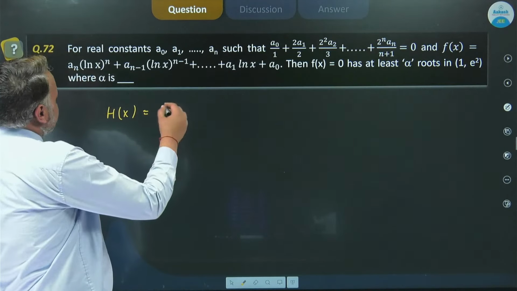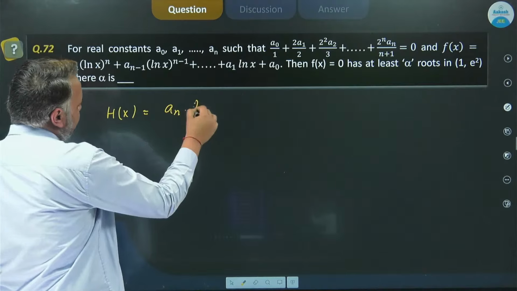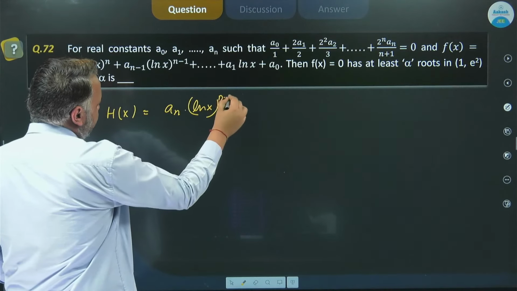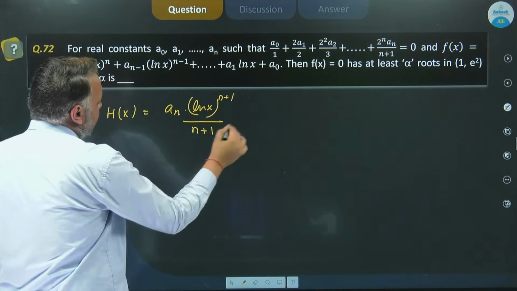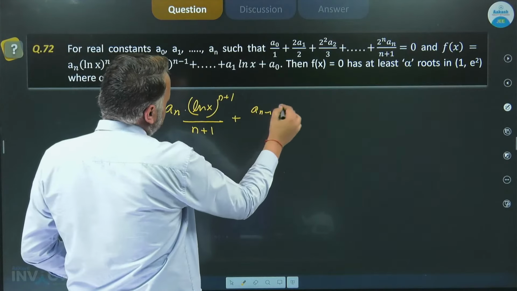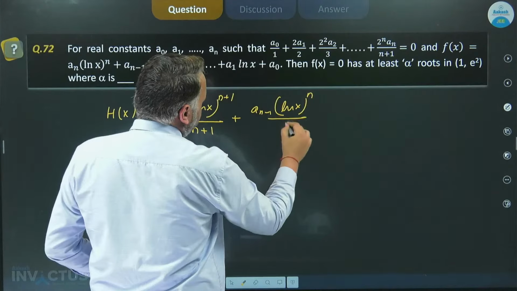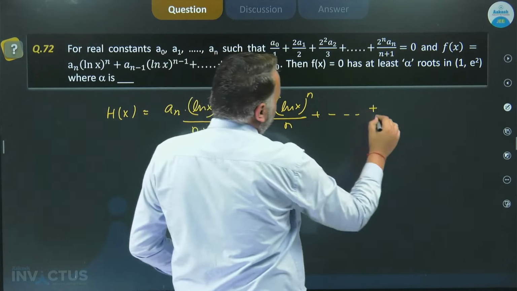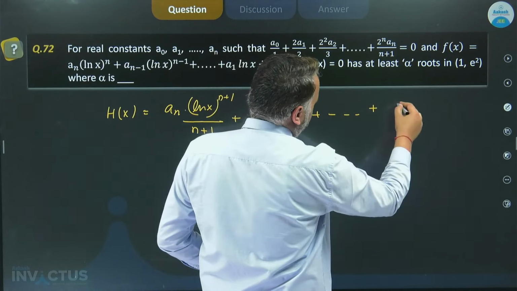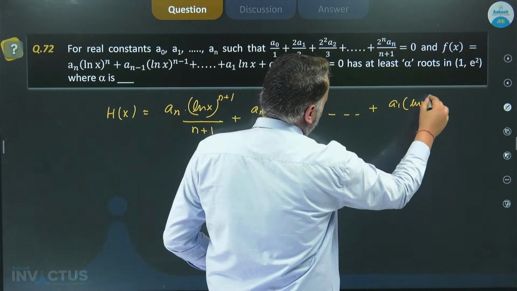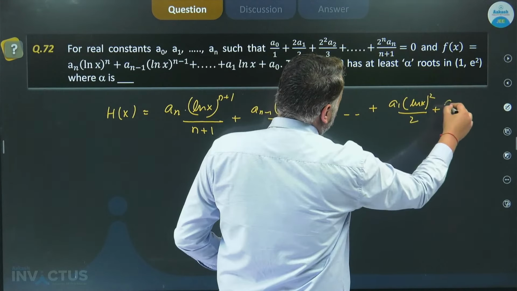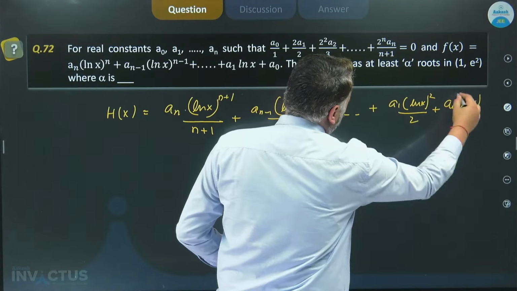So hx is assumed as an (ln x) whole power n plus 1 divided by n plus 1, plus a(n minus 1) (ln x) whole power n divided by n, and so on up to a1 (ln x) whole square divided by 2 plus a0 ln x.